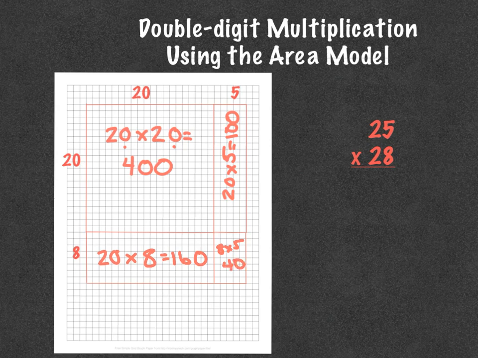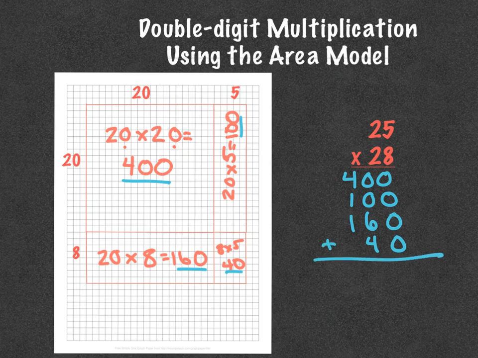Okay? So now we're going to actually add up these values. So we're going to have 400 plus 100 plus 160 plus 40. And then we're going to add them all up. So 0, 10, 4 plus 1 is 5, 6, 7.